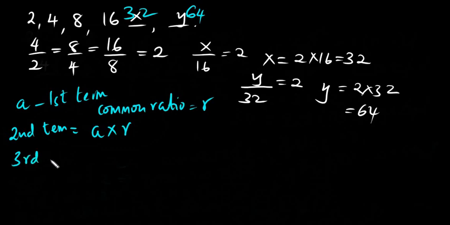So to get to the third term, we need to multiply A by the common ratio and then by the common ratio once again. So it's 2 times 2 times 2.